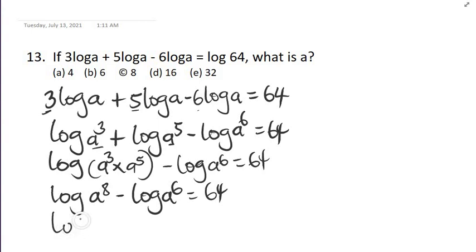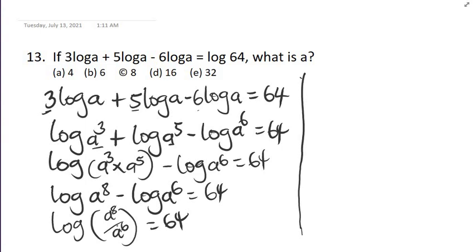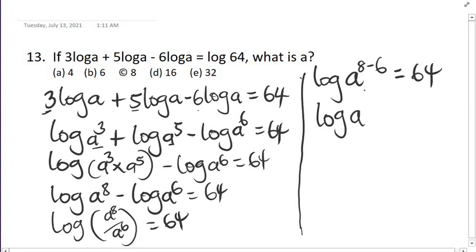So this is the same as log of a raised to power 8 divided by a raised to power 6 equals 64. If bases are the same and dividing, it means subtraction of exponents. So log a raised to 8 minus 6, which is 2, equals 64.